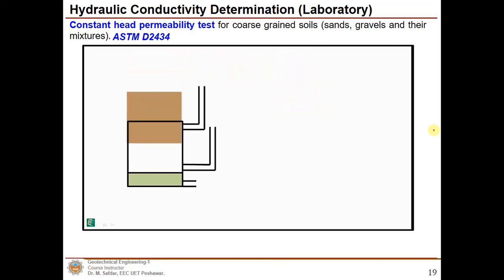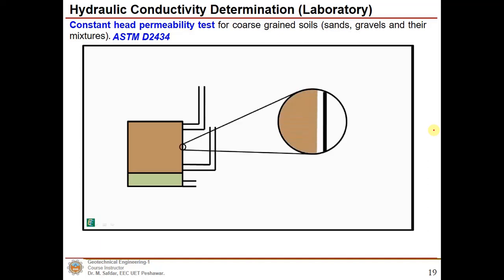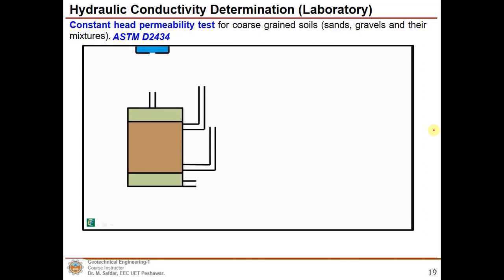We place the sample inside the mold between the porous discs. Some space will be left between the mold and the specimen that we will fill with some impervious material such as cement slurry. The inlet of the instrument is then connected with a constant head water reservoir and water is released into the soil sample.